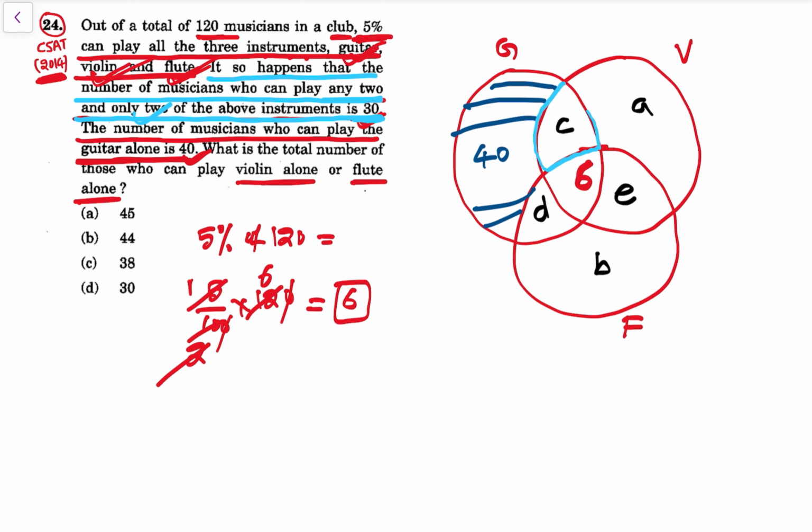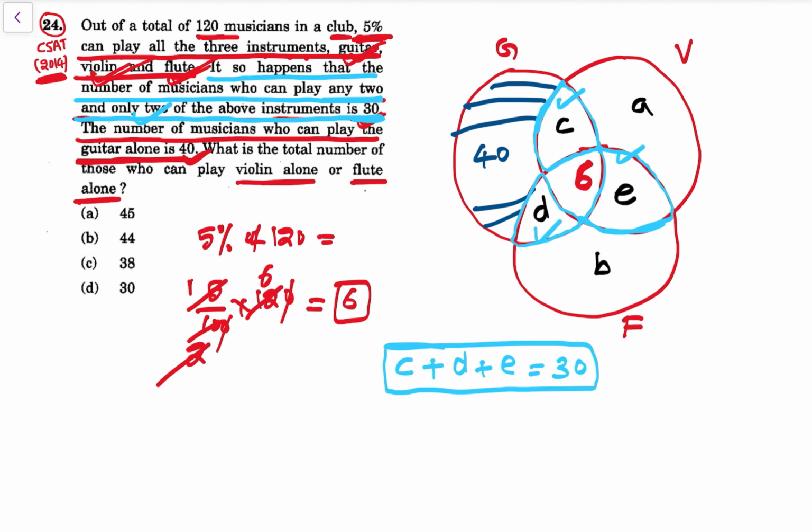C can play guitar and violin, D can play guitar and flute, and E are those who can play violin and flute. These are only two, but this 6 represents three. So C plus D plus E is equal to 30, that is given.